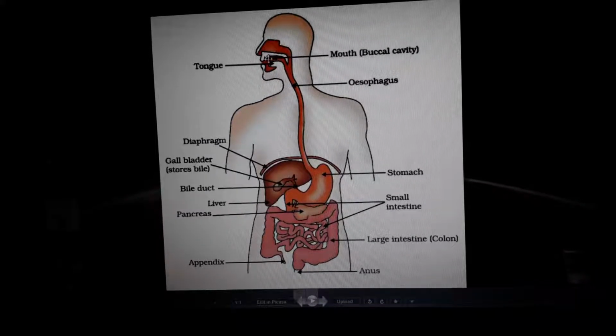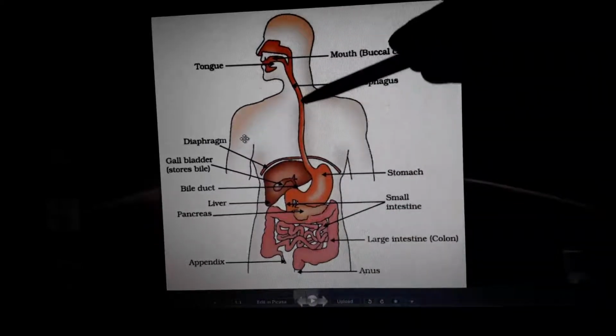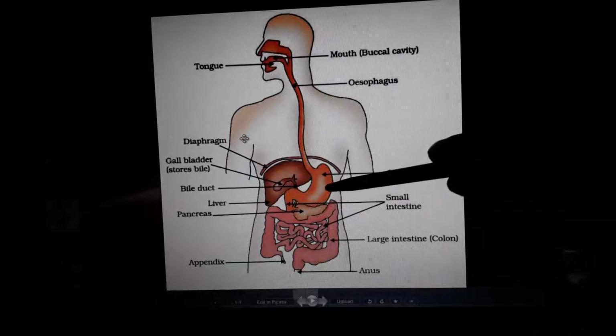These enzymes inside our mouth will break down the carbohydrates we are eating. Understand? And they will make it glucose. 30% of the digestion of carbohydrates is done in the mouth. And after that, the esophagus will swallow the food and bring it to the stomach.